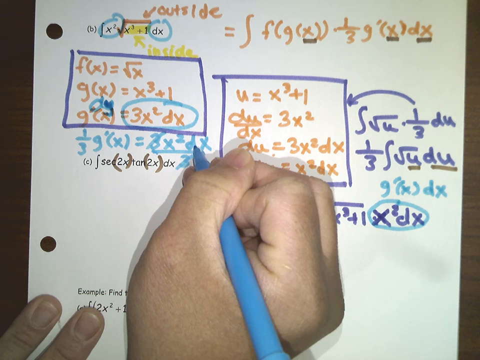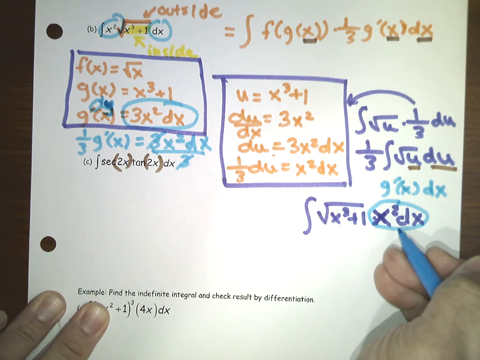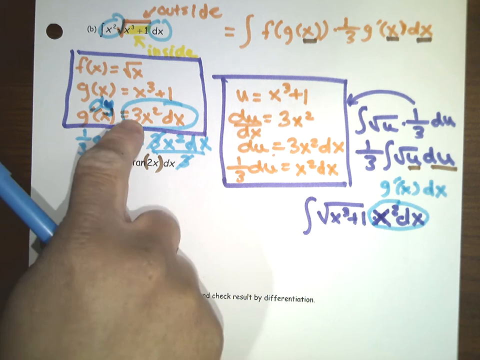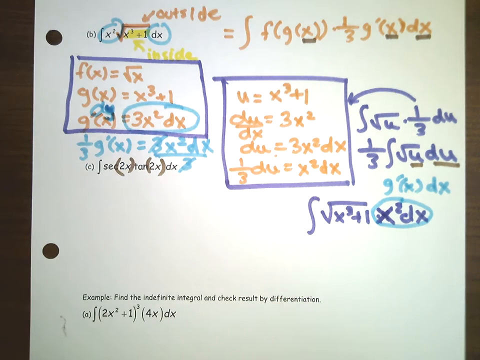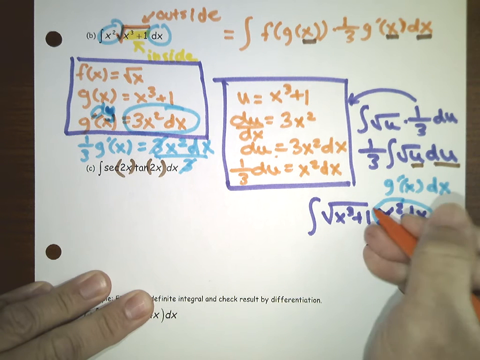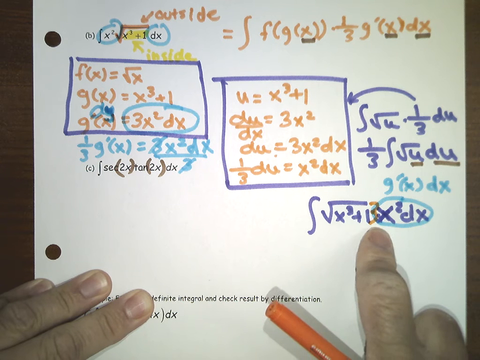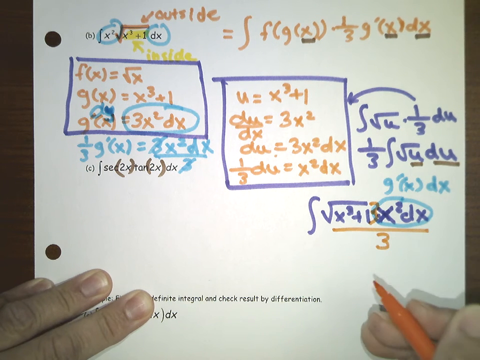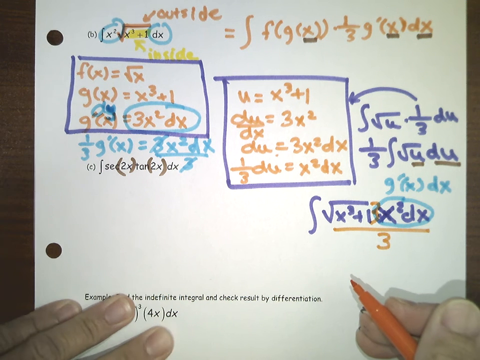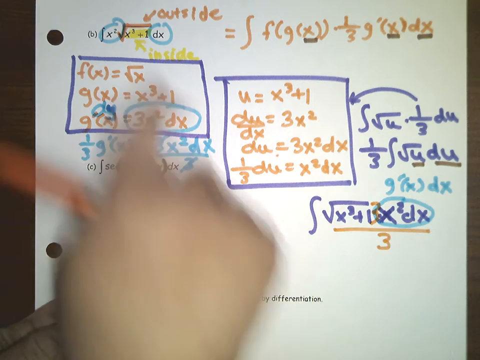So now let's look at this: if you're supposed to have 3x squared, but you only have x squared, you could think of it as, well, I can put a 3 there, but I have to actually divide by 3 also, or otherwise the problem has changed. So then 3 over 3 is 1, so I have the same problem as what I started with.